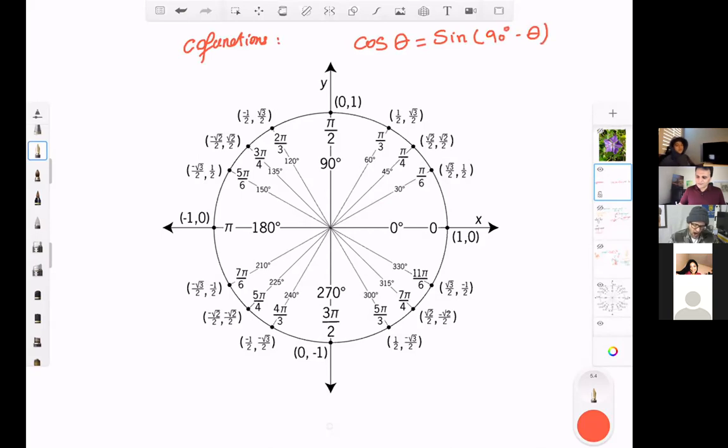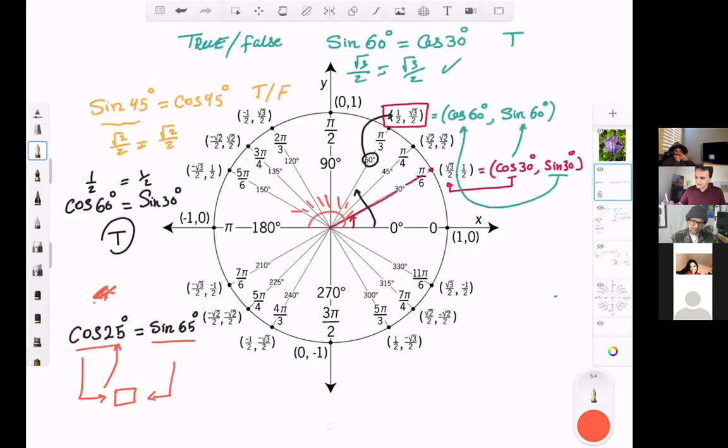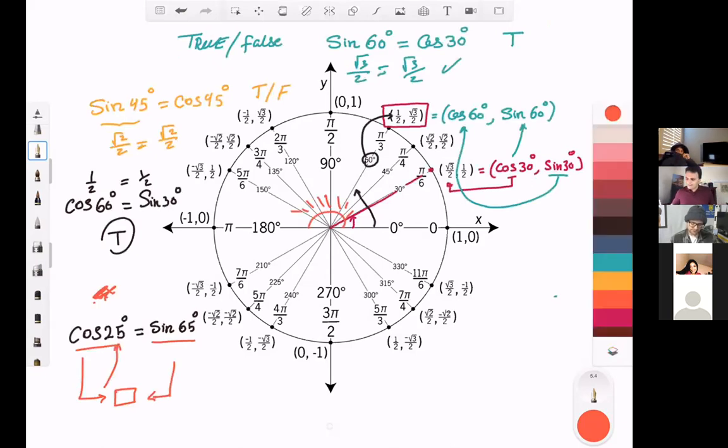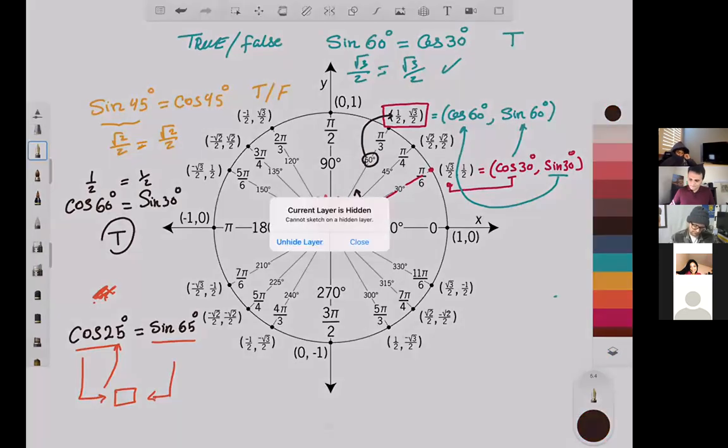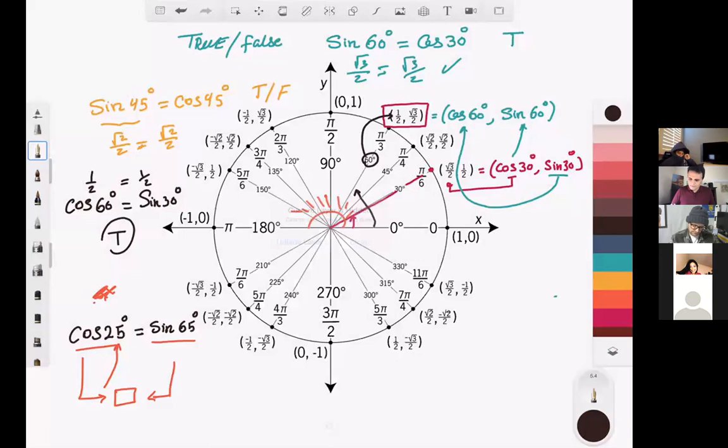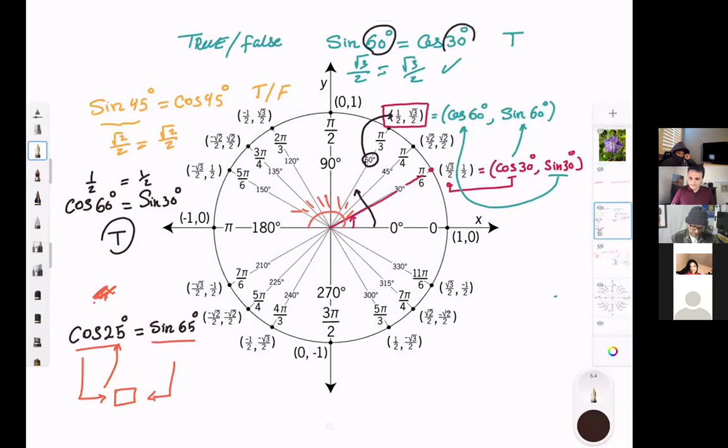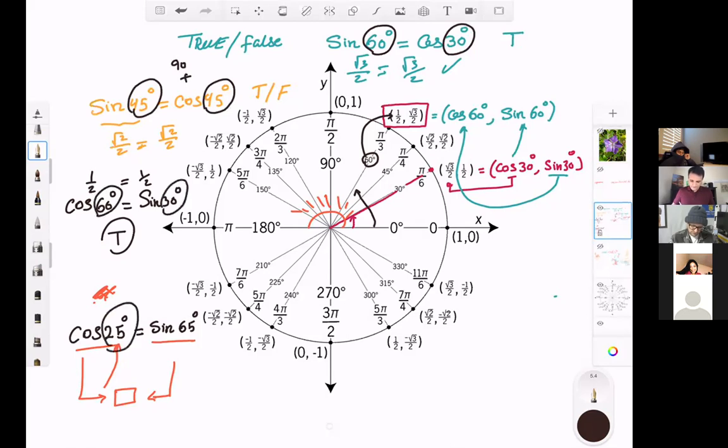The examples were, okay, let's go back to this. In all the examples that were true, look at 60 and 30: if you add them, you get 90. 45 and 45, you get 90. Then we had another 60 and 30, and 25 and 65.